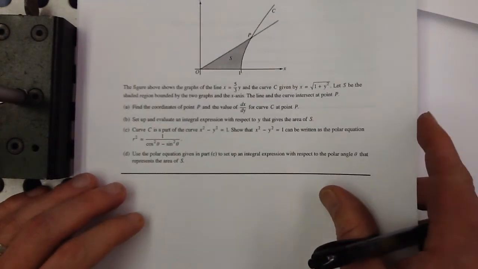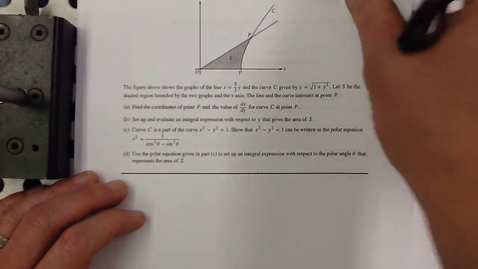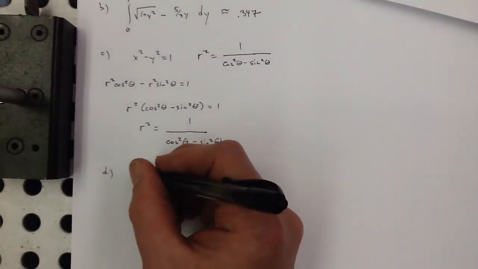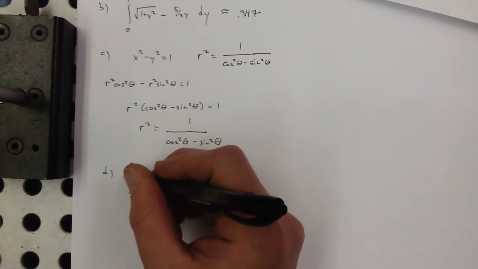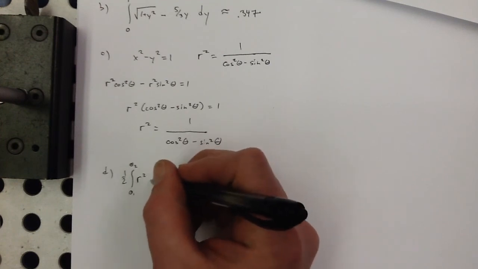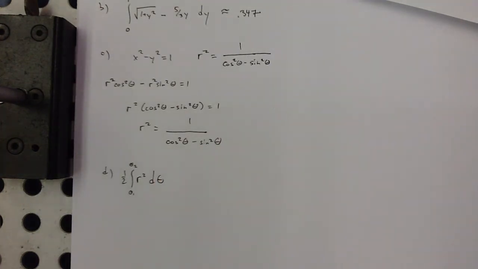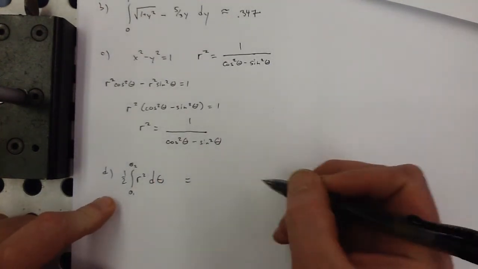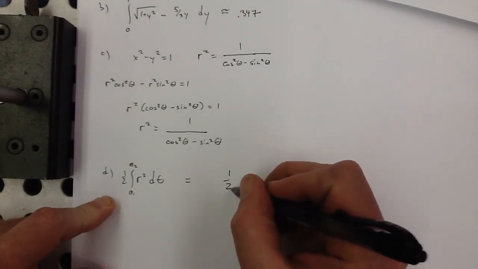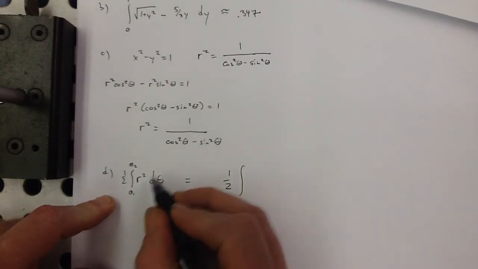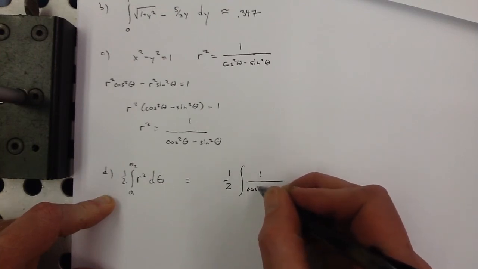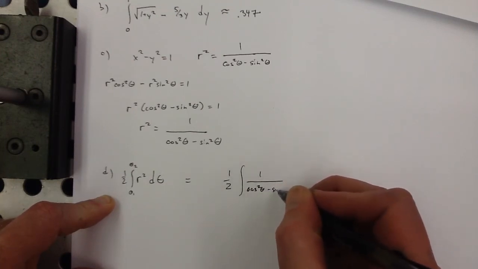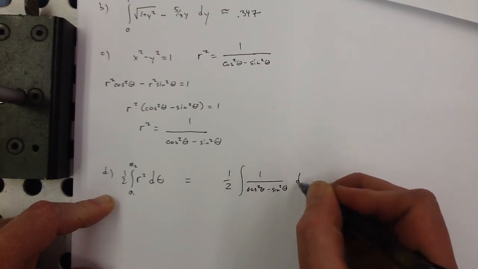So I know that my area expression is, from theta 1 to theta 2, 1/2 r squared d theta. So I think it's pretty smooth sailing here because I've got the integral, there's my r squared, 1 over cosine squared theta minus sine squared theta d theta.